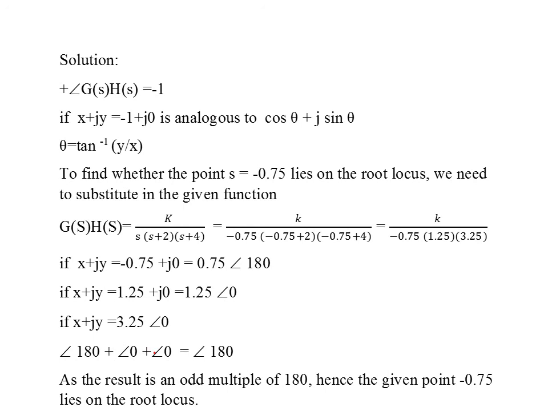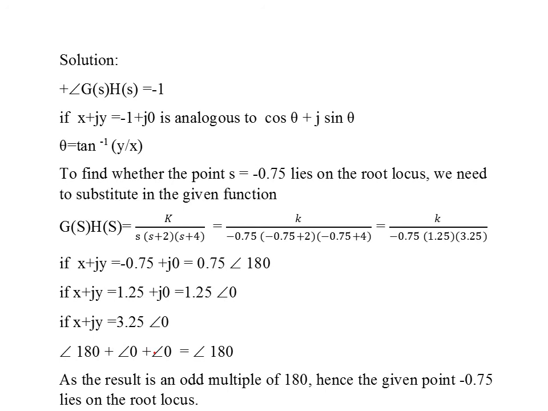Let us find the corresponding angles using the rectangular to polar conversion in the calculator. -0.75 + j0 gives us magnitude 0.75 and angle 180. Similarly, 1.25 + j0 gives us 1.25 and angle 0. Similarly, 3.25 gives angle 0.